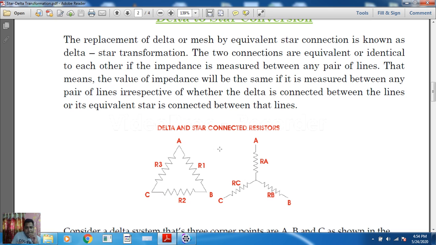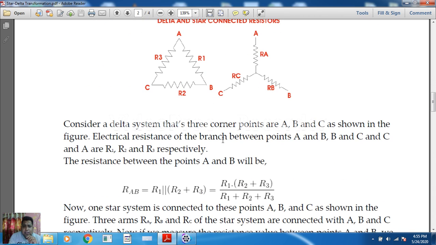Again I am telling, for conversion one assumption we have to take: between any two terminals, maybe between AB, maybe between BC, or between CA, in between these three terminals, the resistance value must be the same in delta or star.